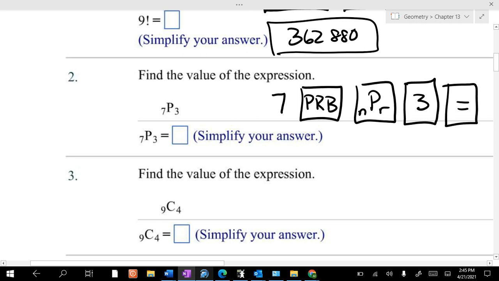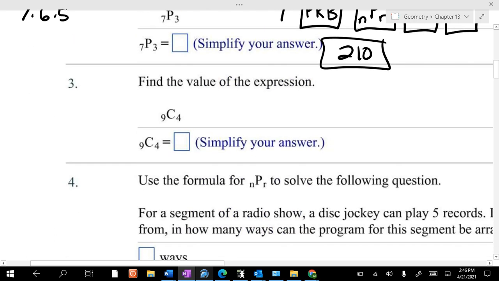Oh, no, it'd be 7 times 6 times 5, and then the rest would cancel out. So 42 times 5 is 210? Yeah. Dang it. I'm not so smart after all.